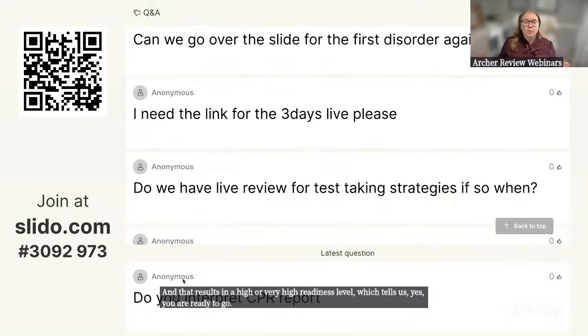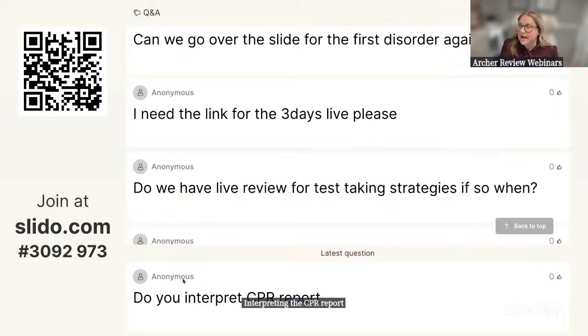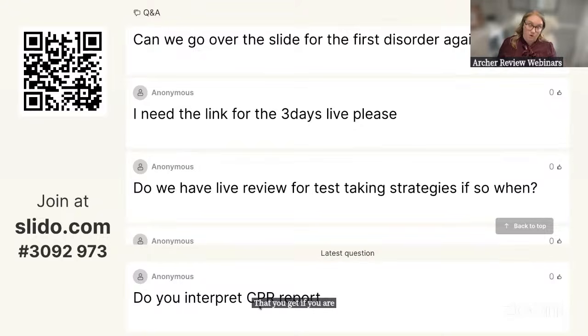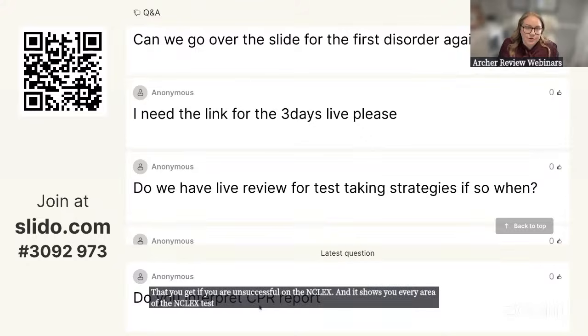Interpreting the CPR report is a little bit similar to that. For those who don't know, that's the candidate performance report that you get if you are unsuccessful on the NCLEX. It shows you every area of the NCLEX test plan, and then it tells you, hey, you were either below, near, or above the passing standard.